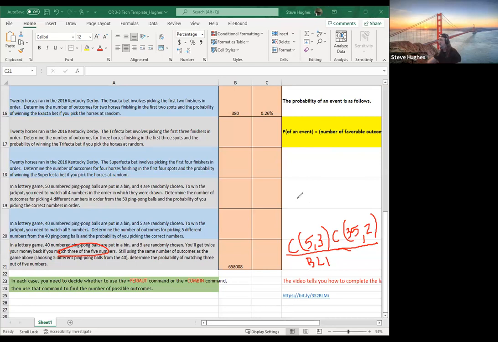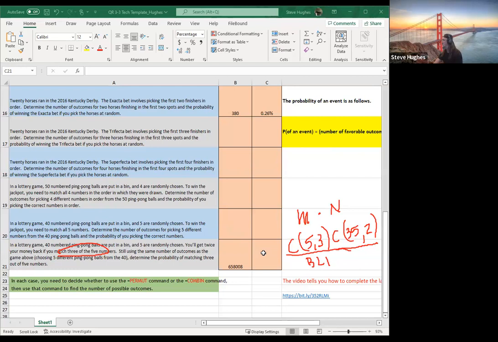It says the number of ways that something can be done is the number of ways that the first set M could be done multiplied by the number of ways the second N could be done, M times N. In this case, C(5,3), the combination 5, 3, is the number of ways I could choose 3 from 5. C(35,2) is the number of ways I could choose 2 from the remaining 35.